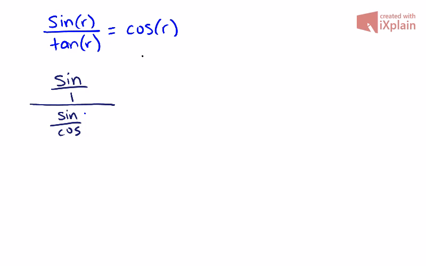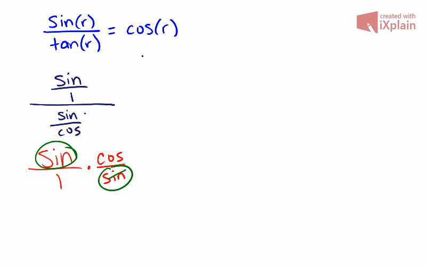Okay? Now, with fractions, remember you always take the bottom and flip it and then multiply it times the top. So my top is sine over 1. And I'm going to multiply it by the bottom flipped over, which is cosine over sine. Now, since I'm multiplying, I look for like terms that are the same on top and bottom.